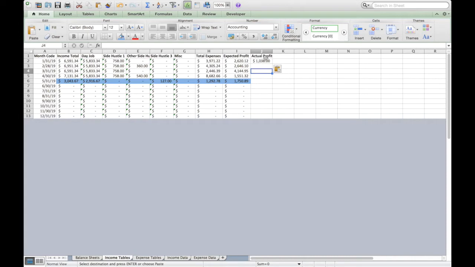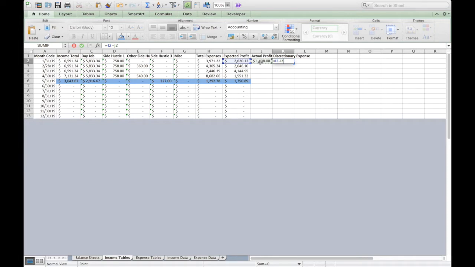Now, the guy expected to profit that much, because his actual expenses were that, and his income total was that. He expected to profit $2,600. He only profited $1,038. So, what was his discretionary expense? Discretionary expense was what he expected to profit minus what he actually profited.